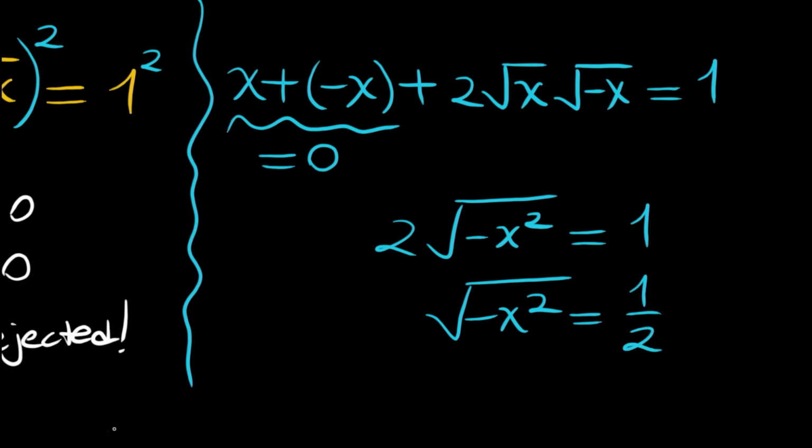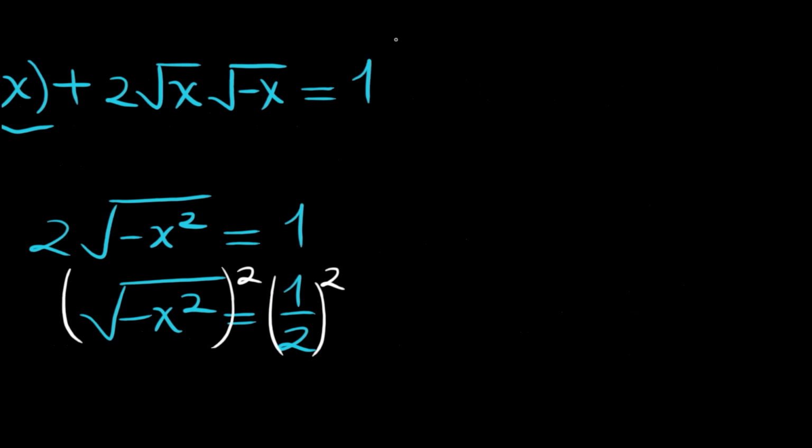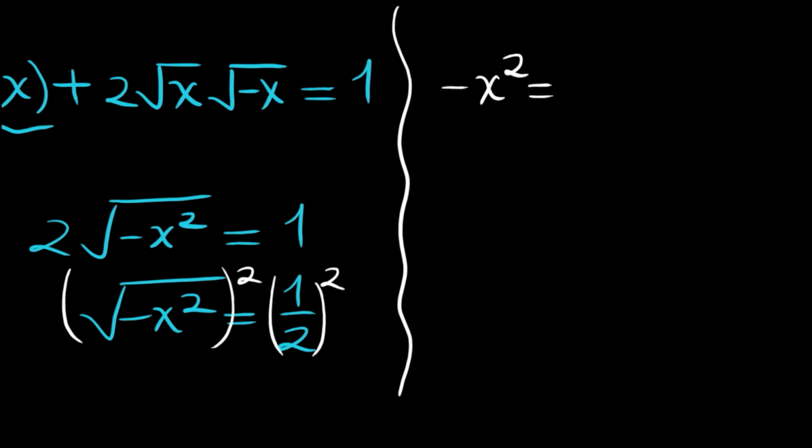So again and lastly, squaring both sides, we will have negative x squared. Let me write here. Negative x squared is equal to 1/2 squared, which is 1/4, and cancelling this minus, we will have x squared is equal to negative 1/4.